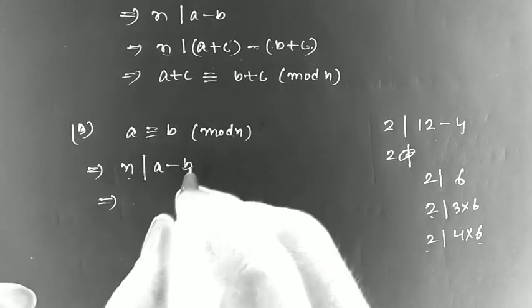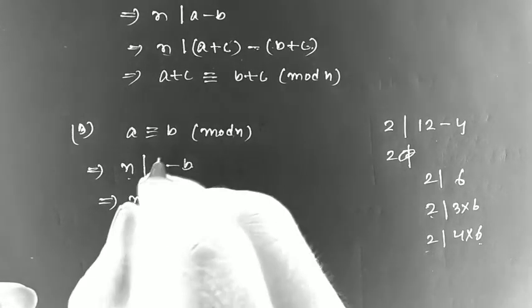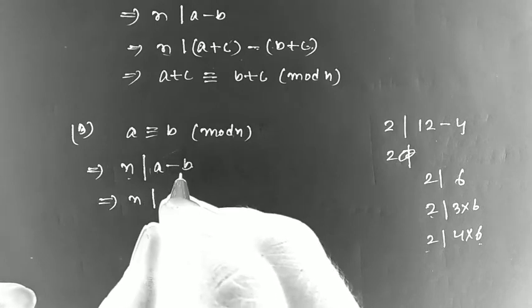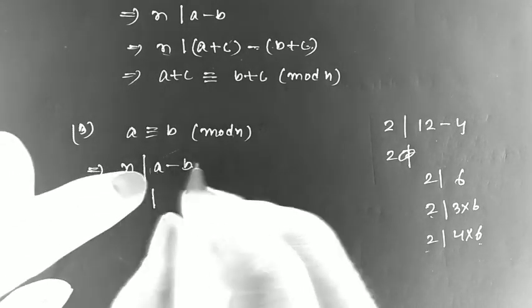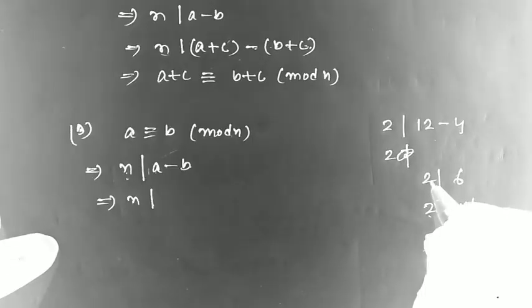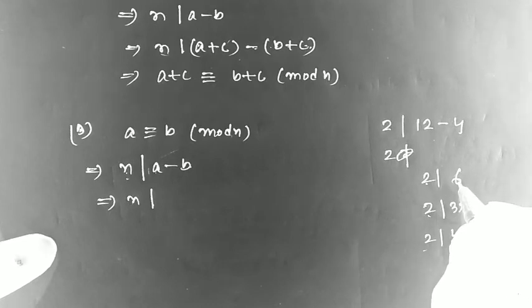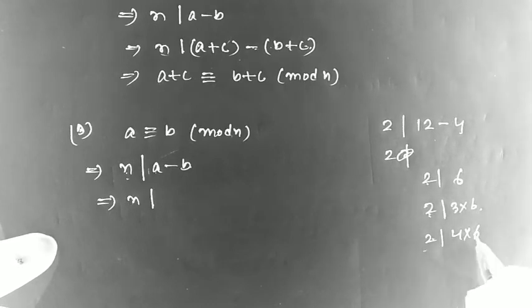So n divides a minus b. That means if we multiply any number with this number, then n will still divide it. As 2 divides 6, then 2 will divide 3 into 6, 4 into 6, 5 into 6, any number. You can give a negative number also.